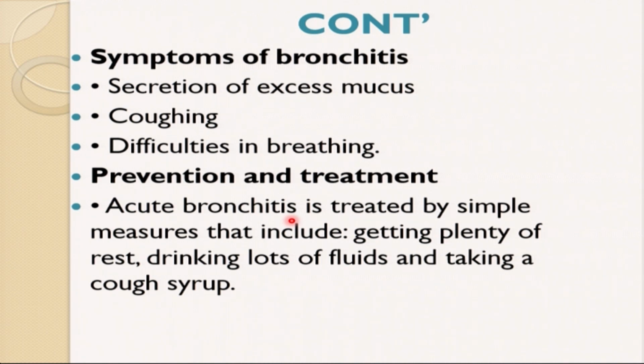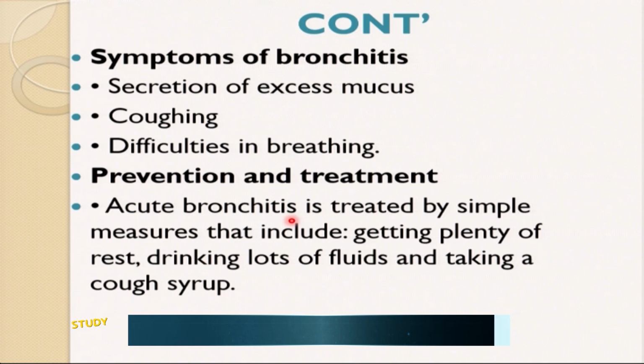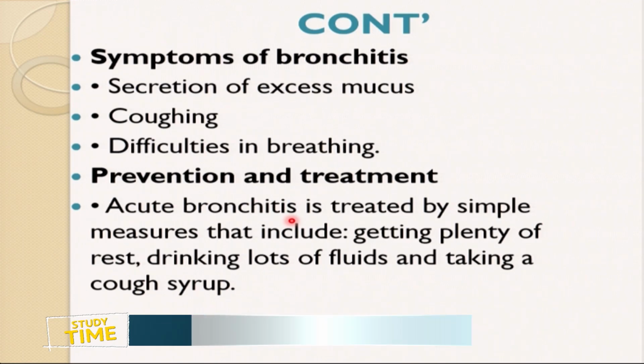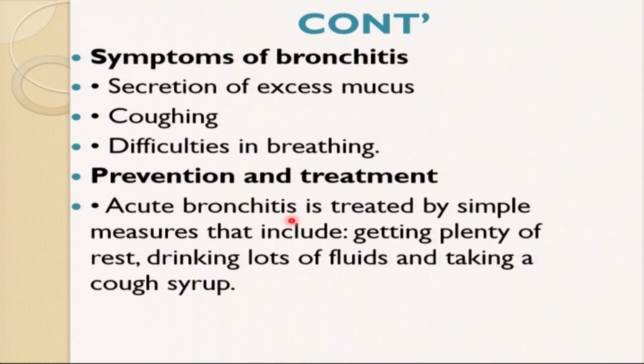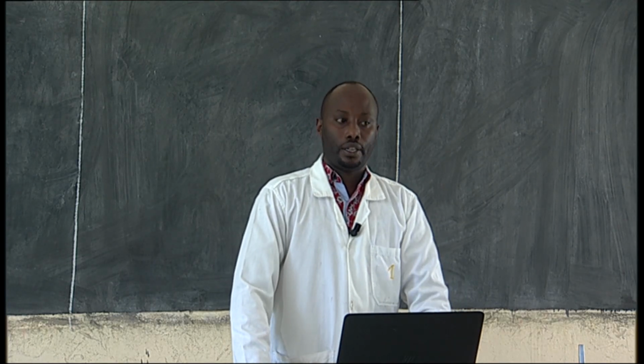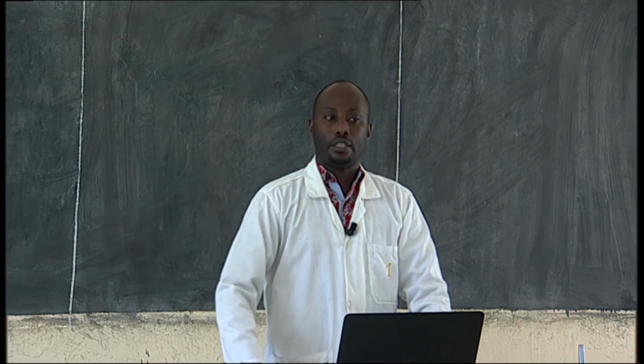The excess mucus clogs and stops the passage of air into the alveolar sac, which, as we know, is the basic functional unit of the lungs. We also have coughing, where a person is seriously coughing. And the last one is difficulty in breathing.